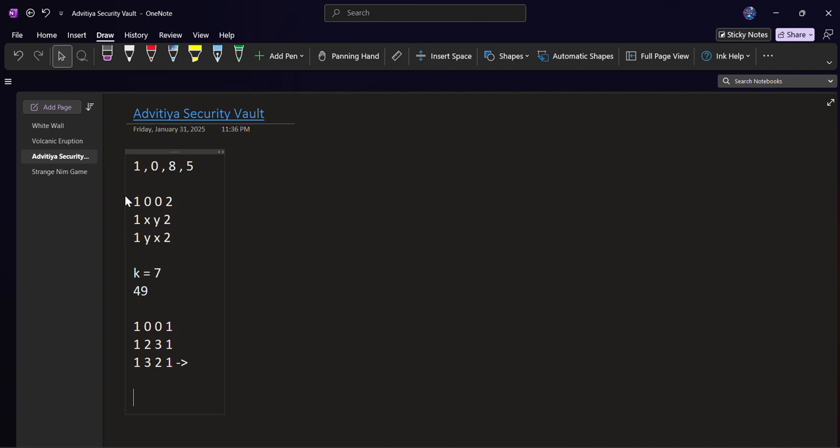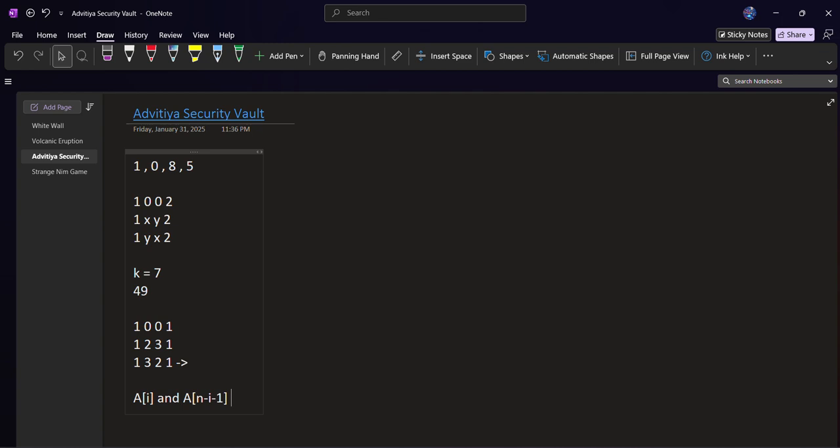This is relatively easy to check: if a of i and a of n minus i minus 1, let's suppose I am taking 0 indexing, are both not equal to 0 and both are not equal to each other, then there will never be any condition in which the combinations we are trying are the reverse of each other.